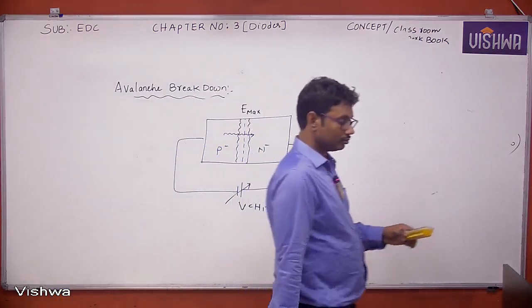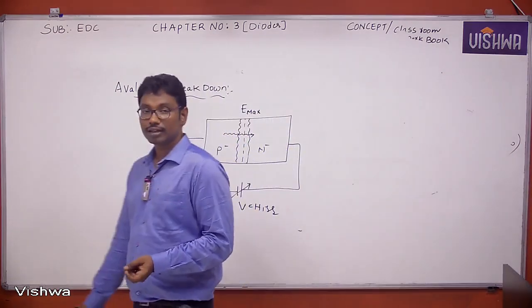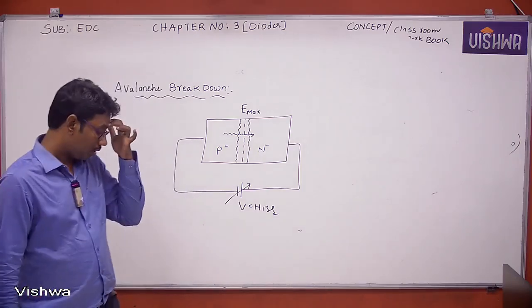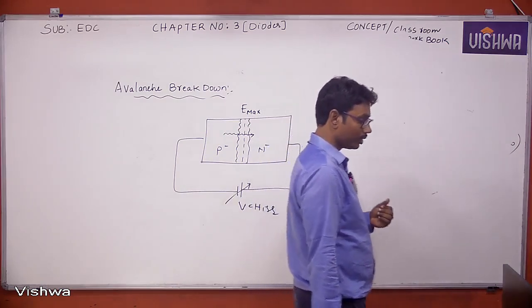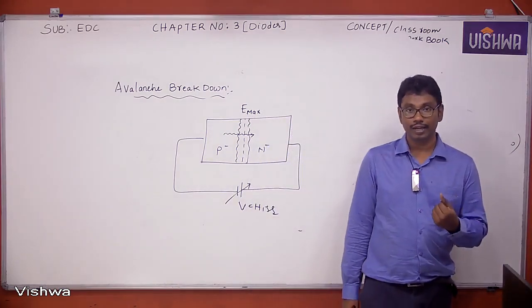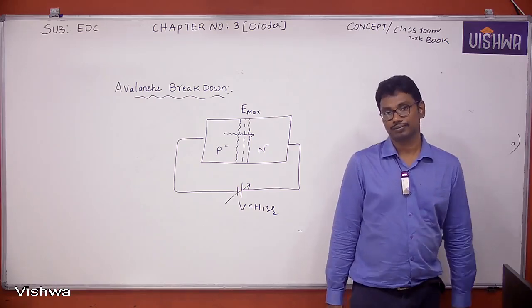Avalanche breakdown occurs in a lightly doped PN junction at high reverse voltage due to the avalanche mechanism.